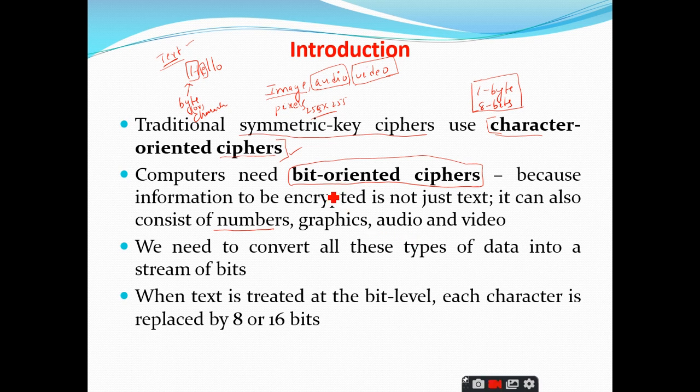Therefore, there should be some provision to deal with the bits. So that is the reason why we have these bit oriented ciphers. We need to convert all these types of data into streams of bits. Is it clear?